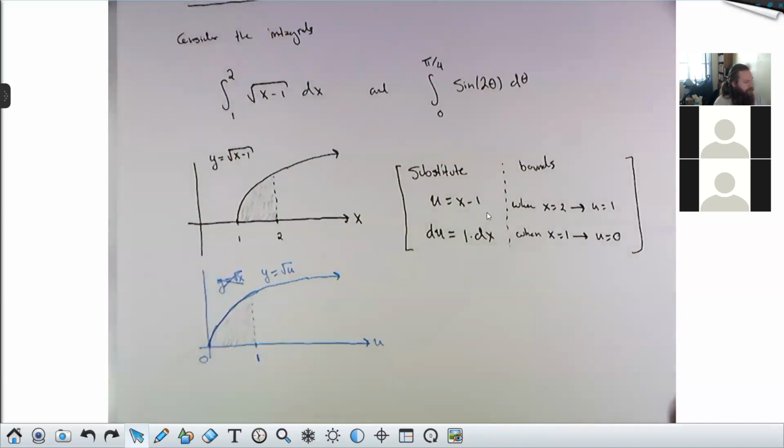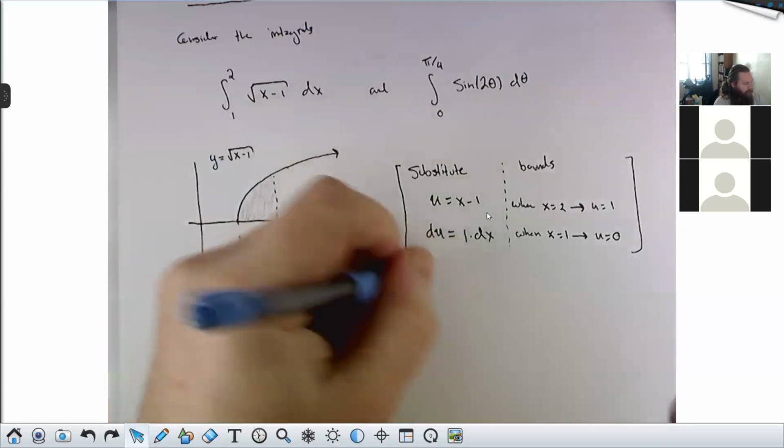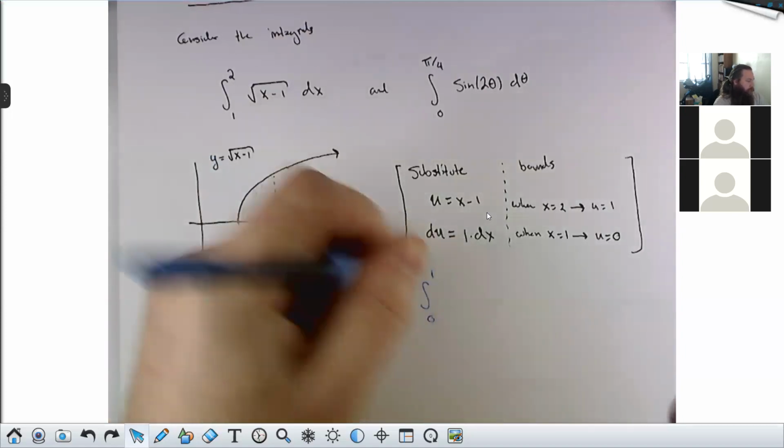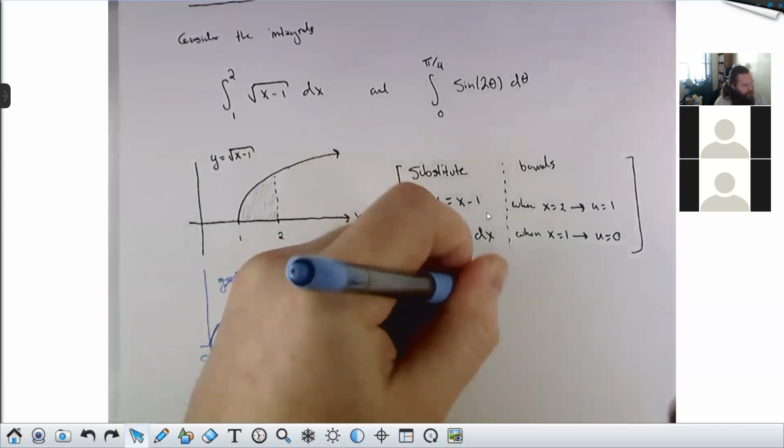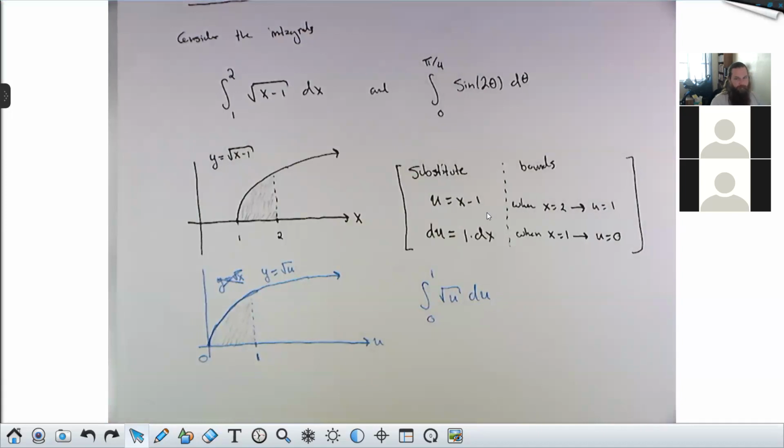So what that tells me is that I can transform this integral into the integral from 0 to 1 of the square root of u du. I just plug everything in. My old lower bound is 1, my new lower bound is 0. So this 1 becomes this 0.